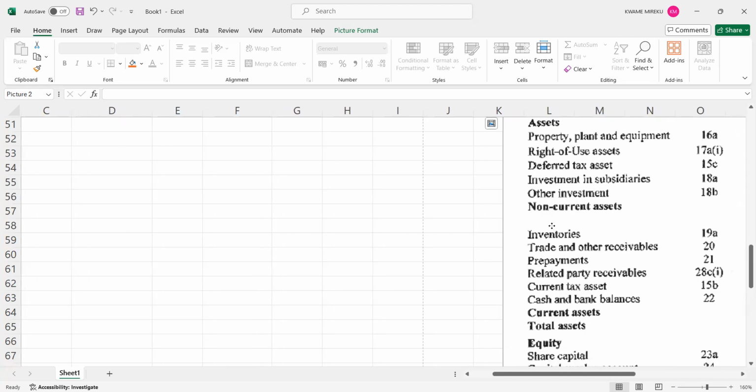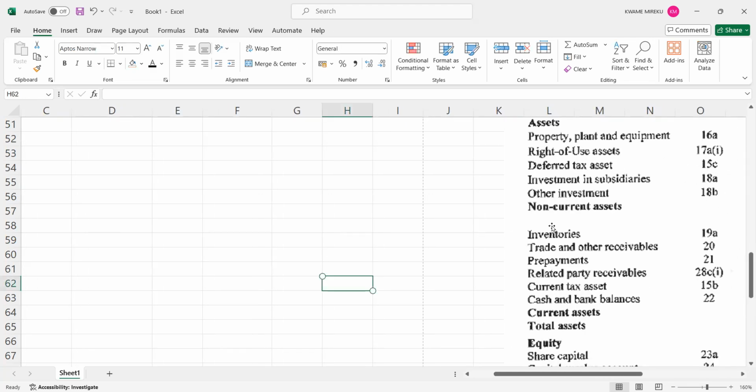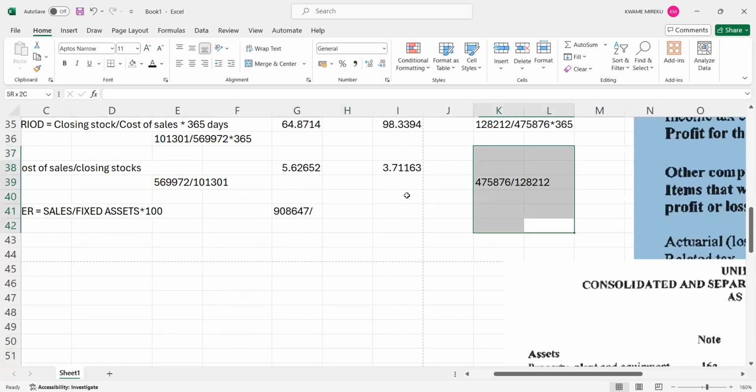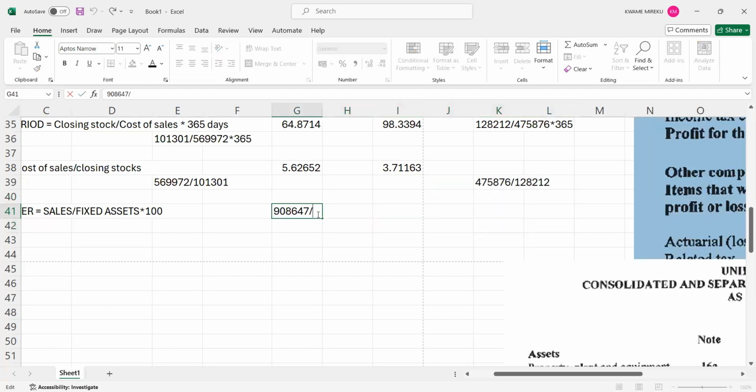So give me the fixed assets for 2023, the total non-current assets. 149,805.